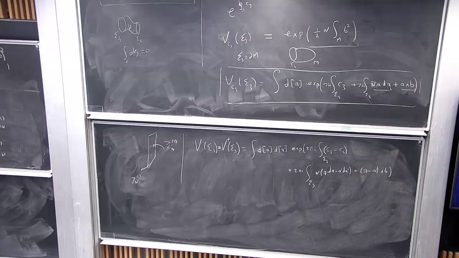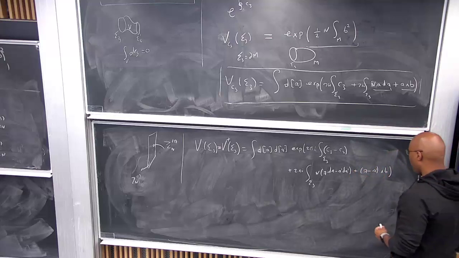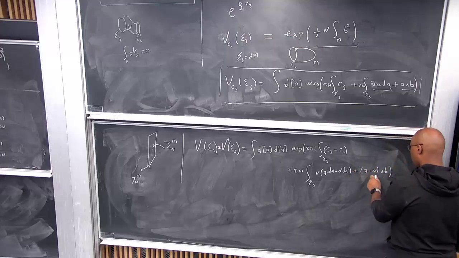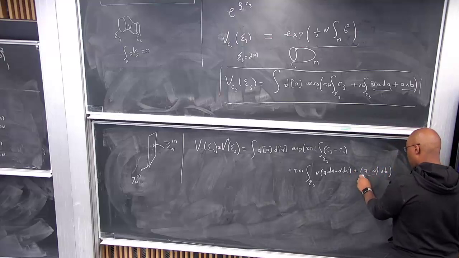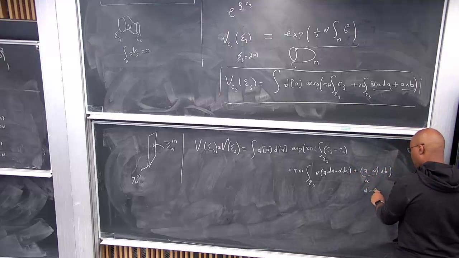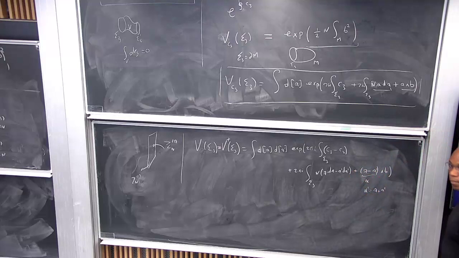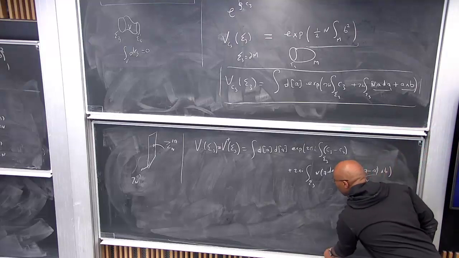So this integral we evaluate by having a new set of fields in this path integral. You can do a linear transformation where you say this is now alpha, and then you can define an alpha prime, which is A plus A prime here. So you can try to evaluate this thing.